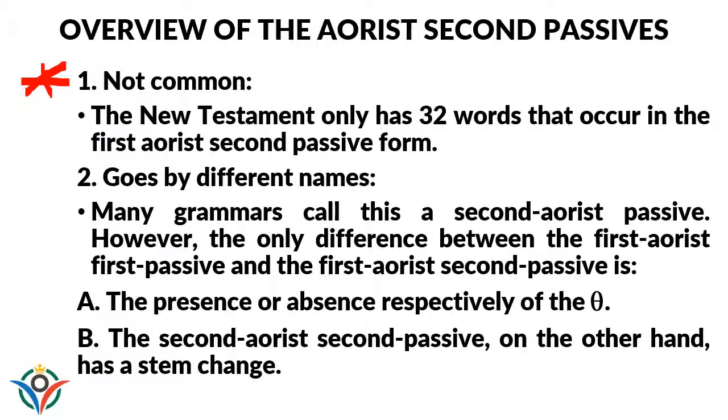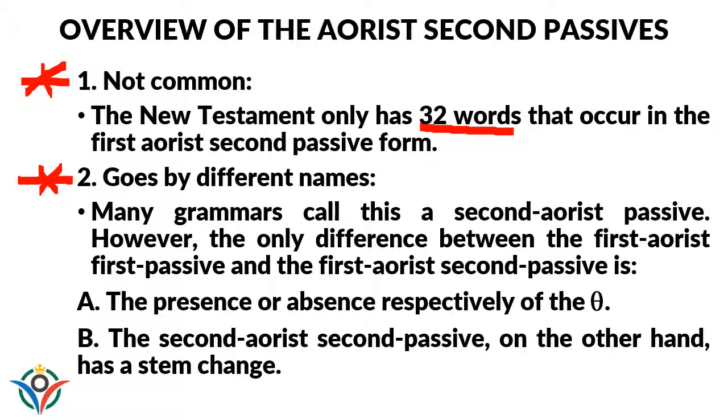The New Testament only has 32 words that occur in the first aorist second passive form. All right, so when it comes to the greater scheme of the Greek New Testament, the first aorist second passive is very rare.